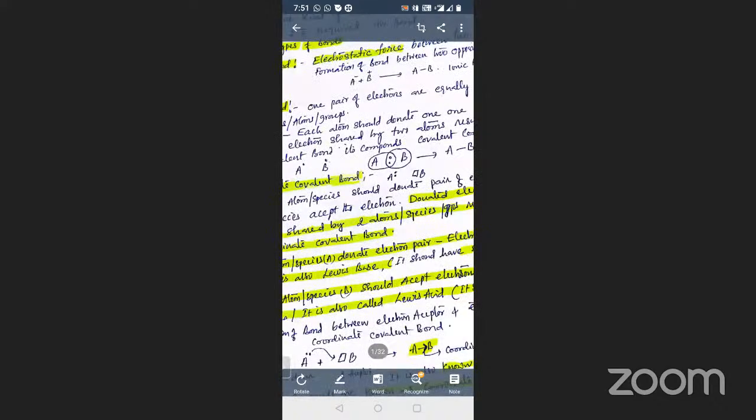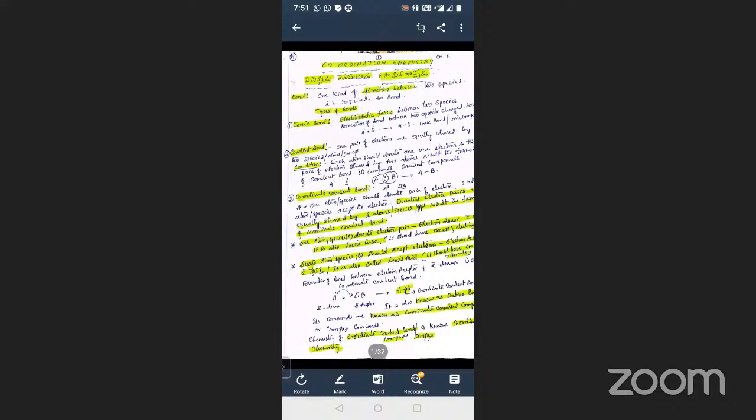ఒకటేమో ఎలక్ట్రాన్ జంటను డొనేట్ చేస్తుంది. The second atom should be in position to accept. So that second atom or second species should be in position to accept the electron. ఏదైతే ఎలక్ట్రాన్లను డొనేట్ చేస్తుందో దాన్ని ఏమంటాం అంటే ఎలక్ట్రాన్ డోనార్. ఎలక్ట్రాన్ ఇచ్చేదాన్ని ఏమంటాం, that is electron donor. Which is accepting, that is the electron acceptor.